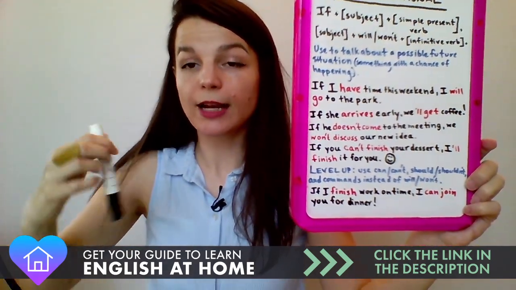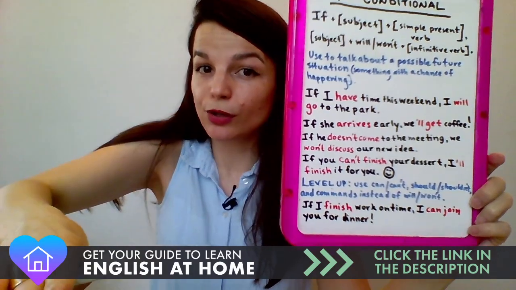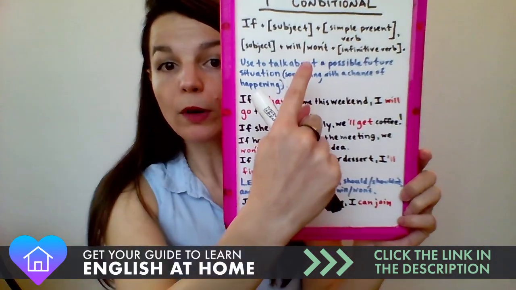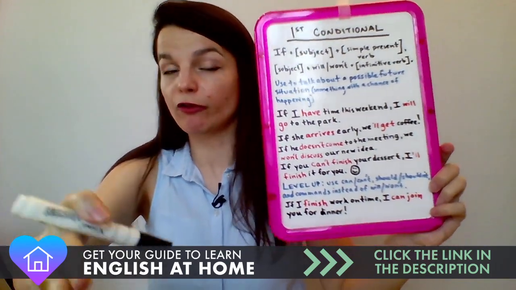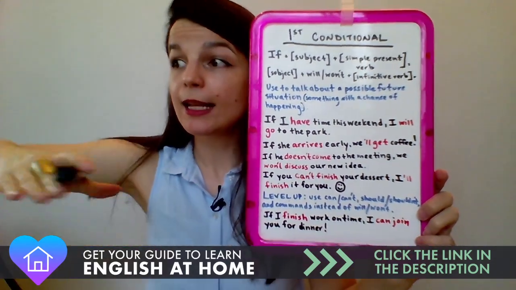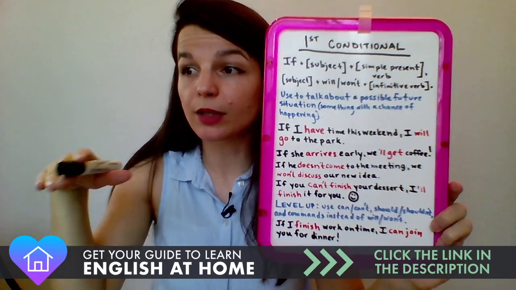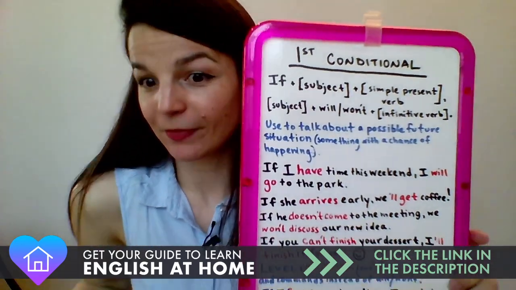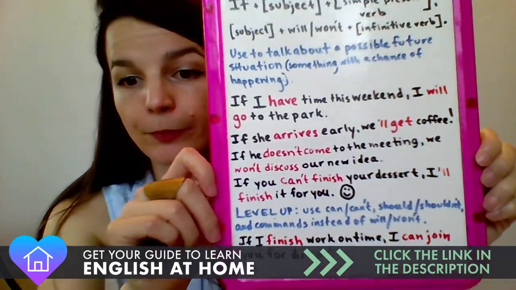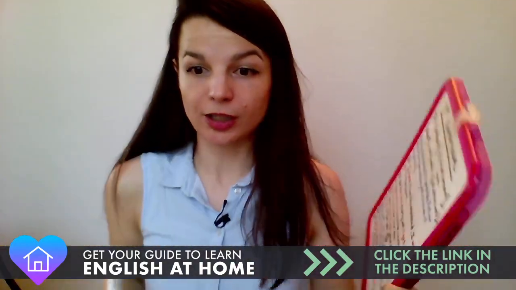If I finish work on time, it's possible to join you for dinner. Will is like 100%. I'm going to join you for dinner. That's the difference here. Can expresses possibility. Will expresses, yes, I'm going to do that thing. Okay, some of your questions now.